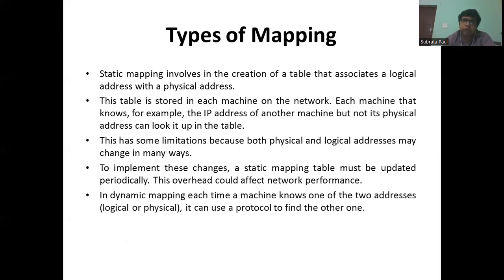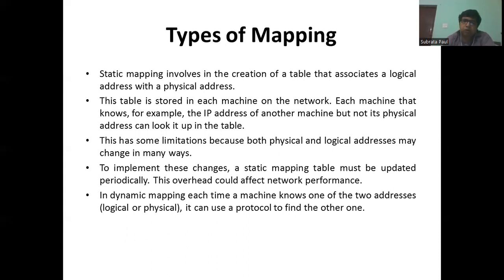Whenever we come to static mapping, a table is created that maps the logical address and the physical address. On one side we have the physical address, and on the other side we have the logical address. This table is known as the static table.